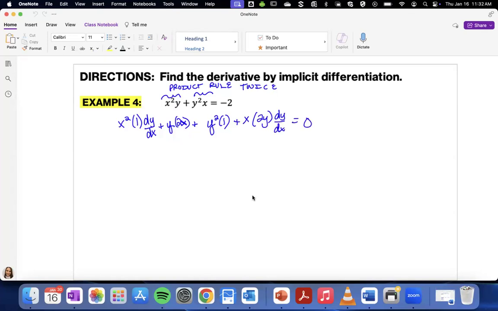Good. Any questions? So we're reusing all of our rules we learned. Let's clean it up. We have x squared dy over dx plus 2xy plus y squared plus 2xy dy over dx. What do we have to do?